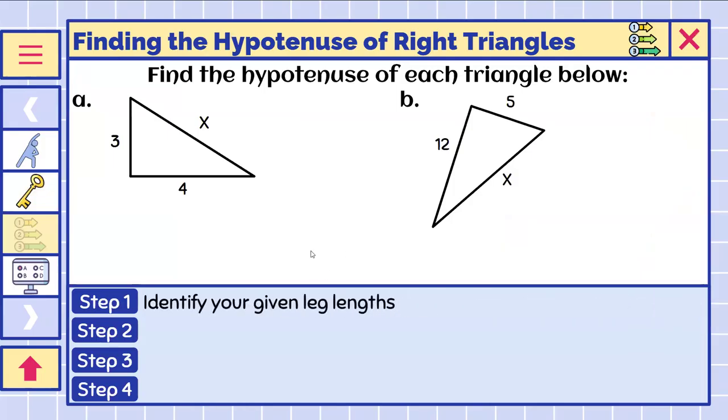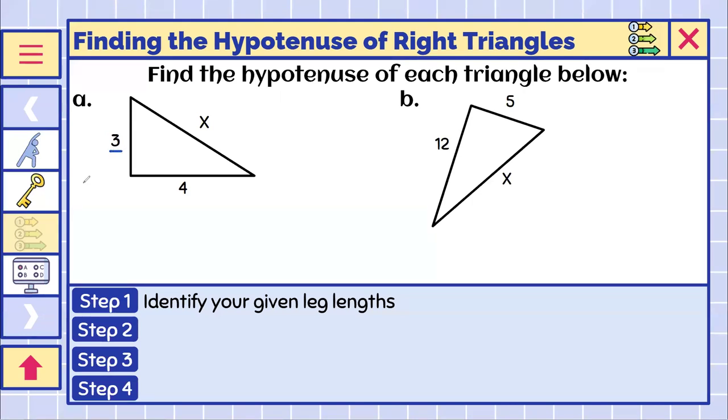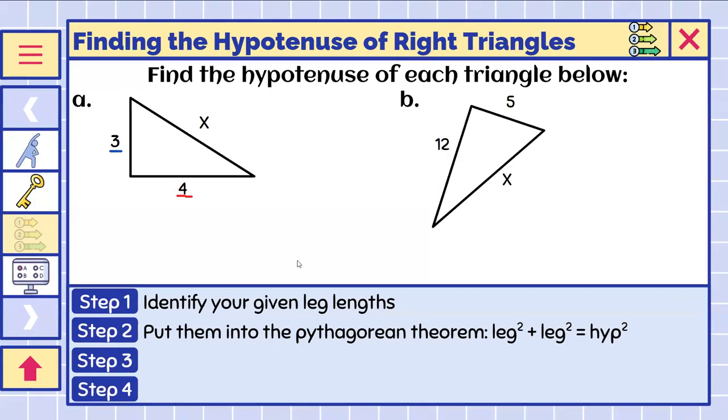Two problems. Your first step is to identify your given leg lengths. So let me get some color coding going on here. Our leg lengths are, we have 3 and we have 4. Next step is to put them into the Pythagorean theorem, which is leg squared plus leg squared equals hypotenuse squared.